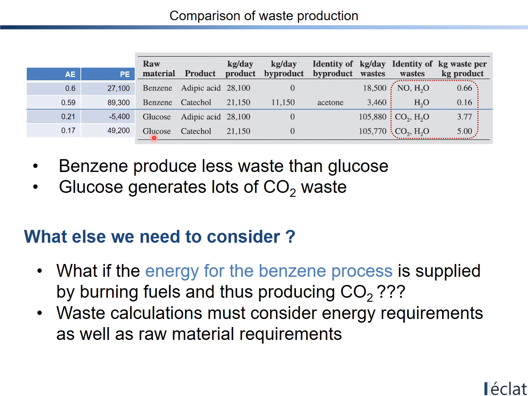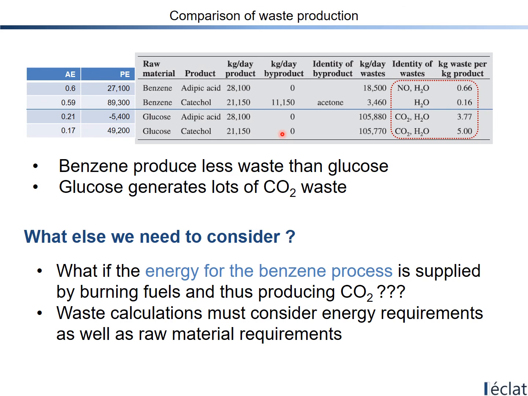However, the fourth one still has an opportunity, about 50,000 profit available, even if we are using renewable resources for the raw materials. So something like that. So maybe my primary choice would be the second one, benzene to catechol, but the secondary choice would be glucose to catechol in this fourth row.